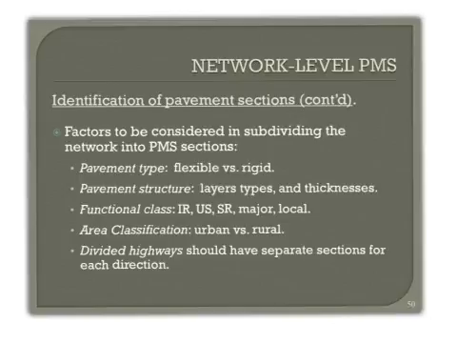So here the question would be, what are the other factors that I can consider while I'm subdividing the network into PMS sections? The very first factor is the pavement type. Assume you have Tyler as a full network. I can subdivide the network into flexible pavements versus rigid pavements. This is going to be a very initial and very important way of subdividing those two different types of pavements.